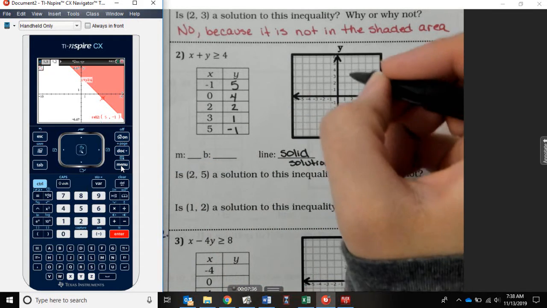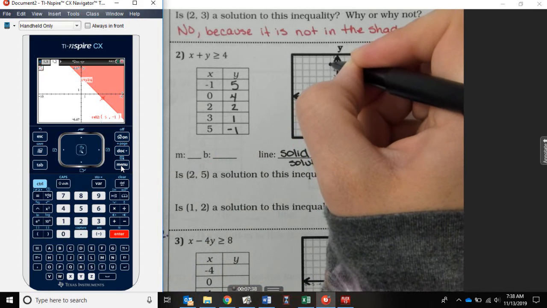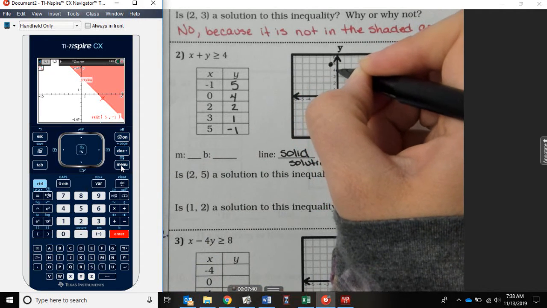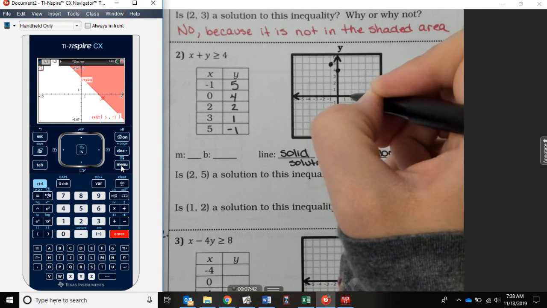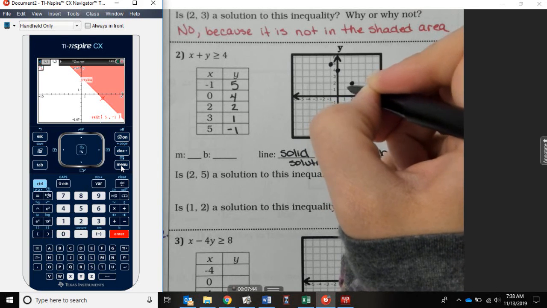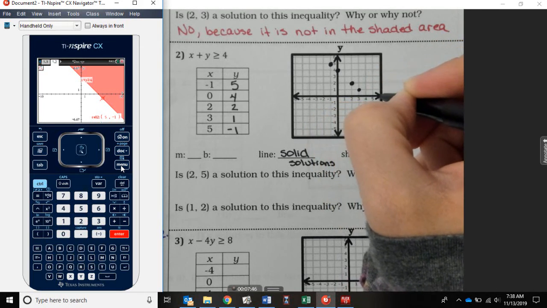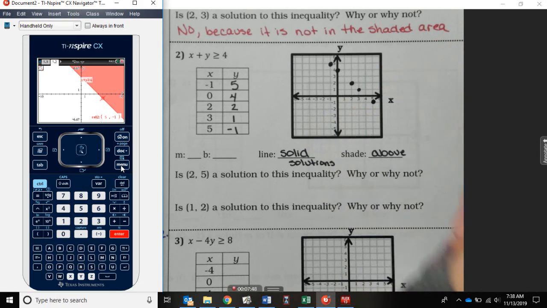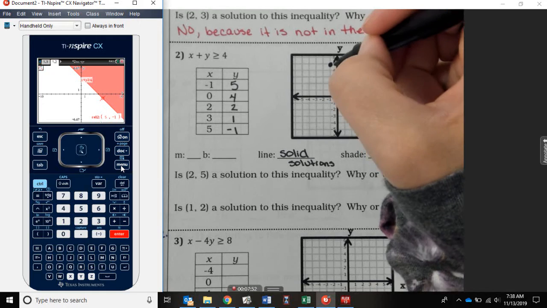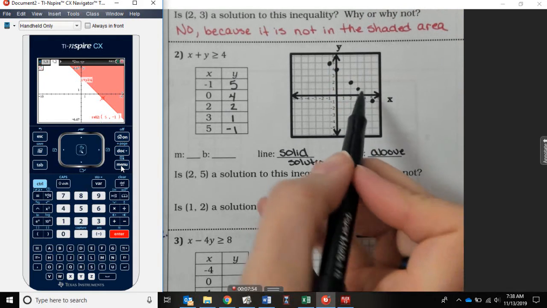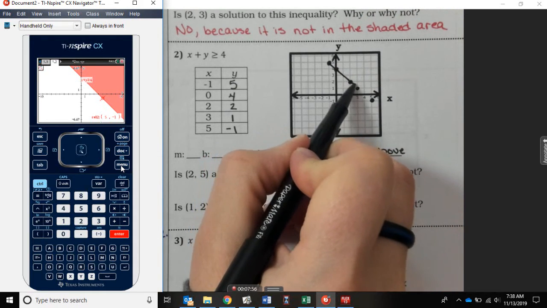Now I'm going to plot those points, -1, 5, 0, 4, 2, 2, 3, 1, and 5, -1. And it's a solid line, so that means I just connect them like I normally would.